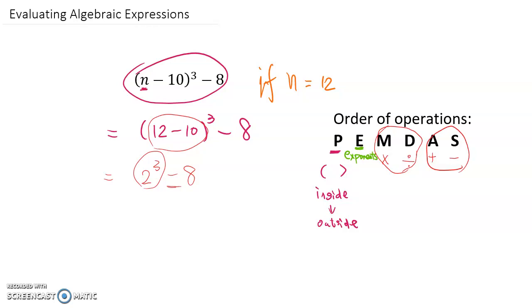We will do the exponent first because exponent comes before subtraction. What does 2 cubed mean? That means 2 will multiply itself 3 times. So it's 2 times 2 times 2, which is 8. Then we subtract 8. Last operation, 8 minus 8. The answer is 0.